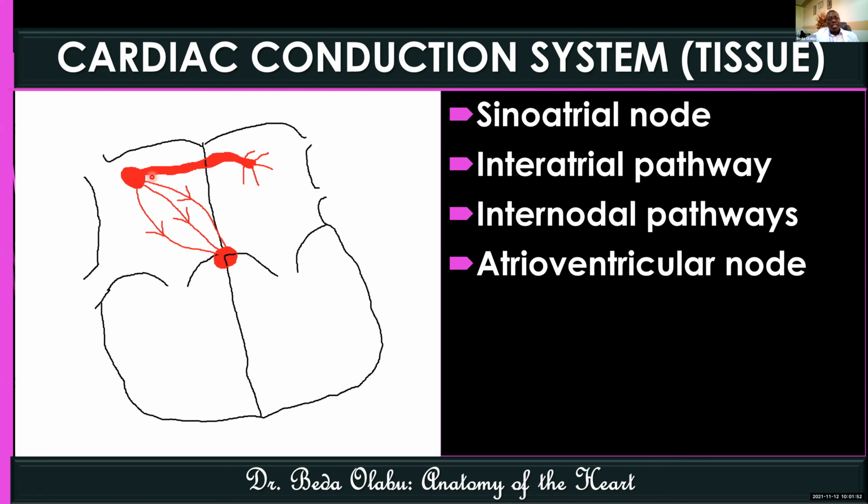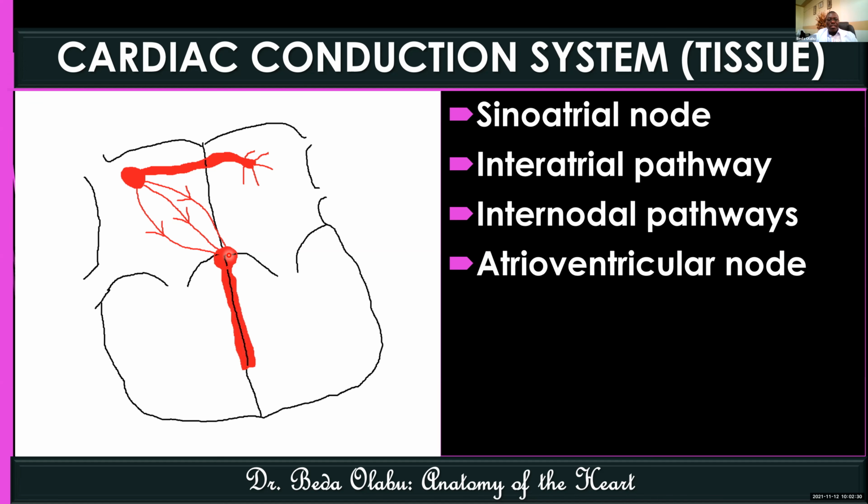You want a situation where when the atria contract, the ventricles are in relaxation so that it can allow for ventricular filling. That is why there's a delay there, so that those impulses don't move directly to the ventricles at the same time, because that would mean that the atria and the ventricles will contract at the same time. The AV nodal delay allows the atrial mechanical events to be ahead of the ventricular mechanical events.